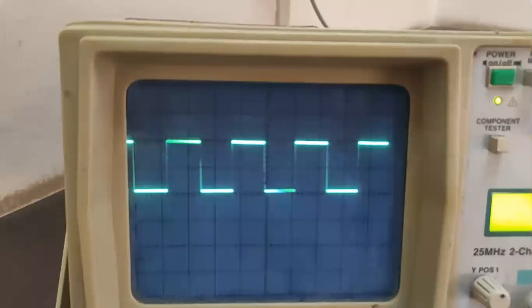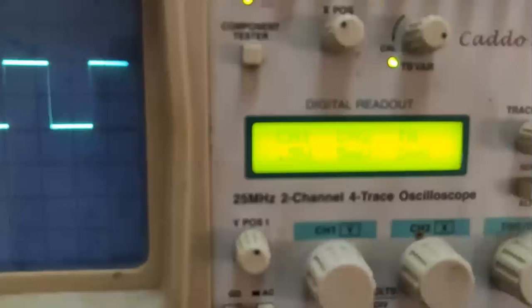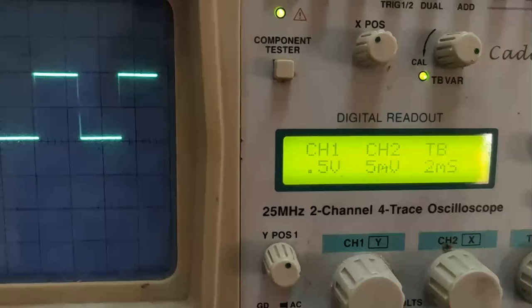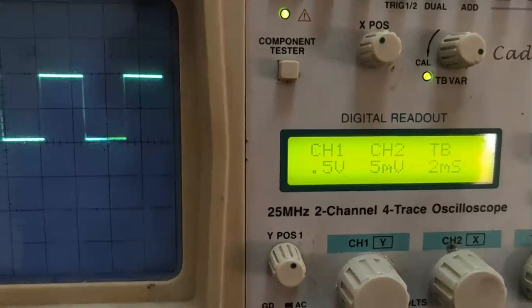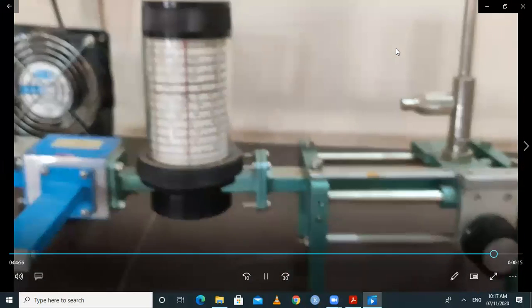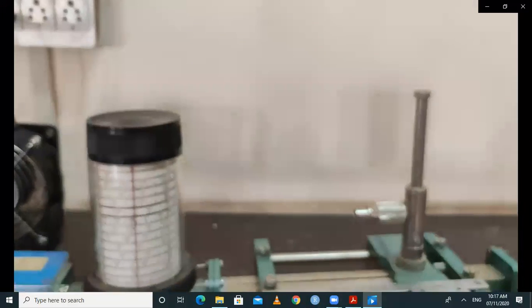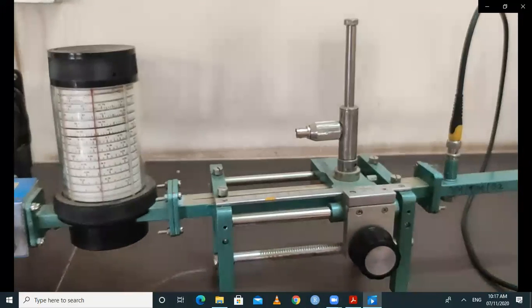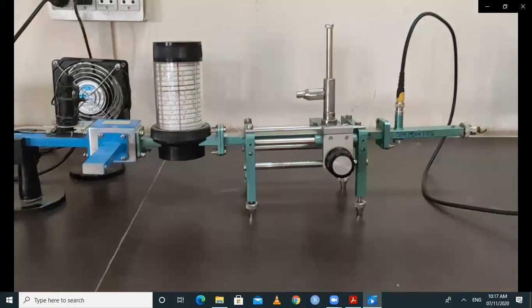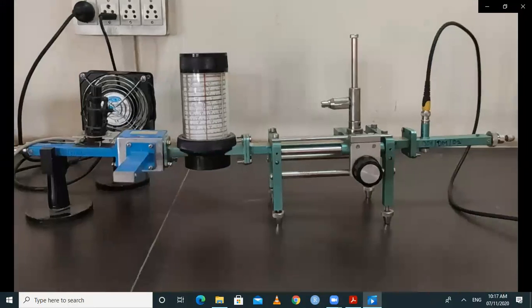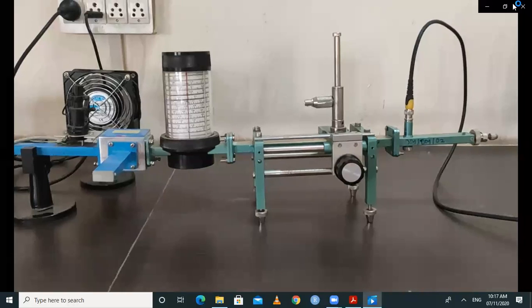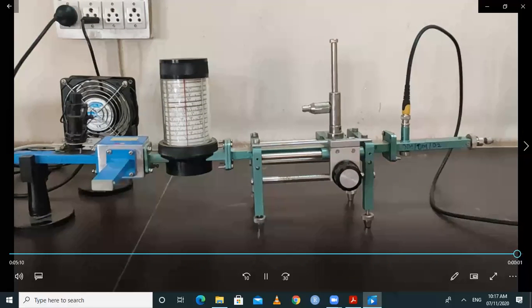It should be nearly equal to 2 multiplied by 0.5 volt, since channel 1 has the value 0.5 volt. This is V1, 2 multiplied by 0.5 volt. So this is the value of V1 which we are getting from this particular experiment.